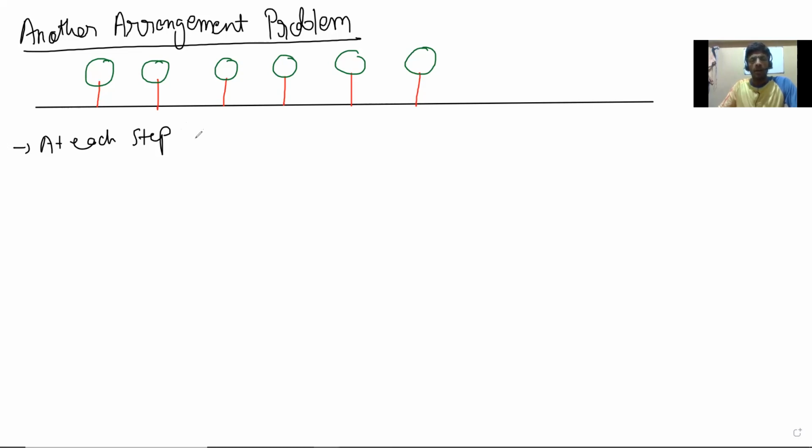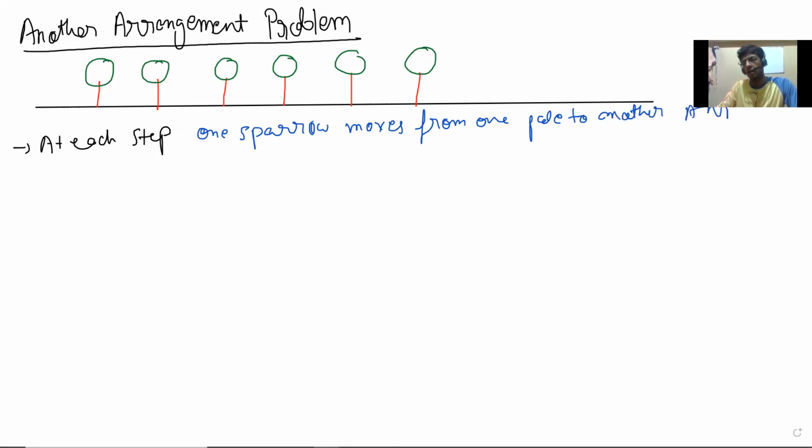At each step, one sparrow moves from one pole to another, and another sparrow moves the same amount, but in the opposite direction.